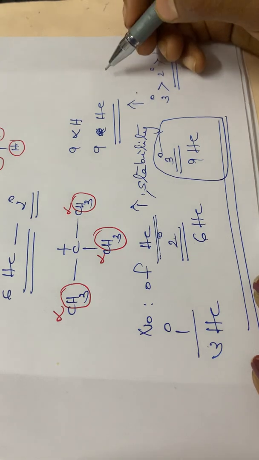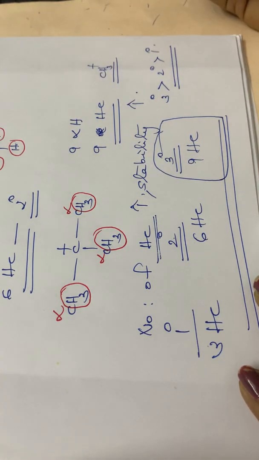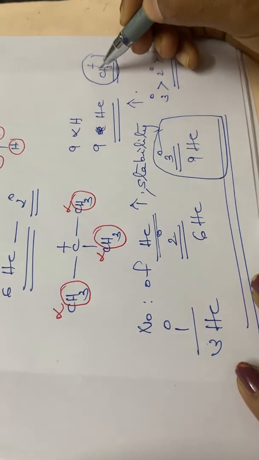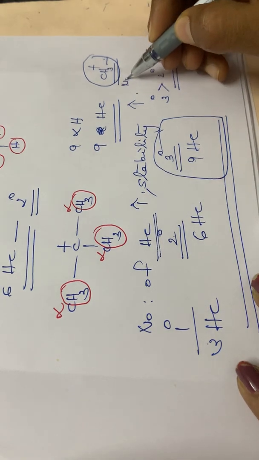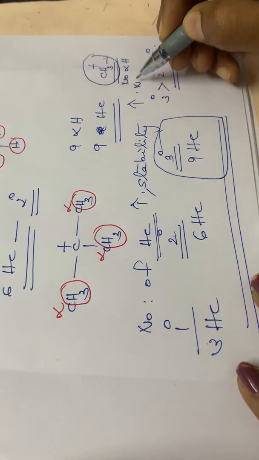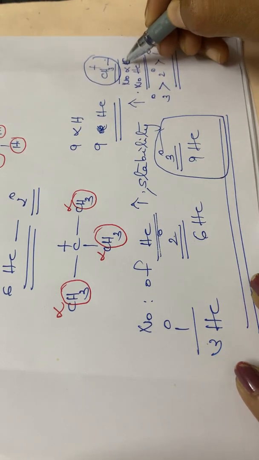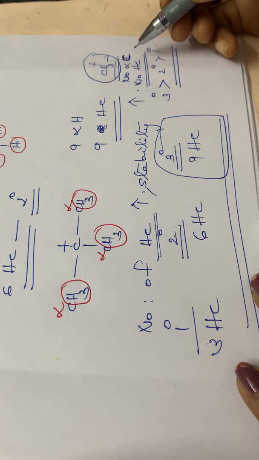Then again, see for methyl carbocation, how many hyperconjugative structures are there? See how many alpha carbons are there? No alpha carbon atom, isn't it? No alpha carbon, hence no alpha hydrogen, therefore no hyperconjugative structures are possible.